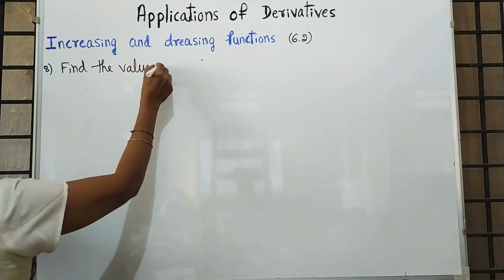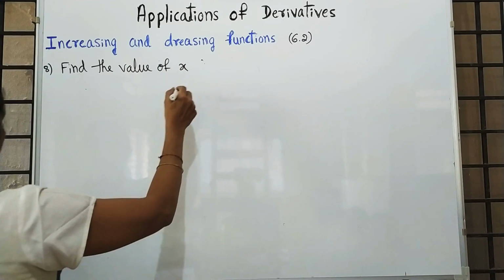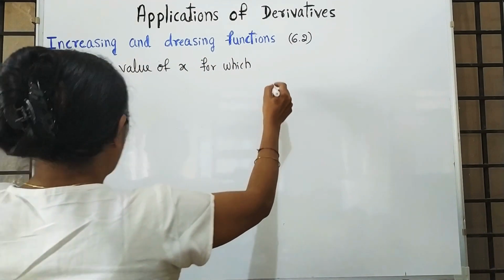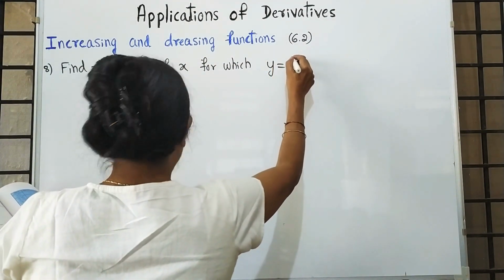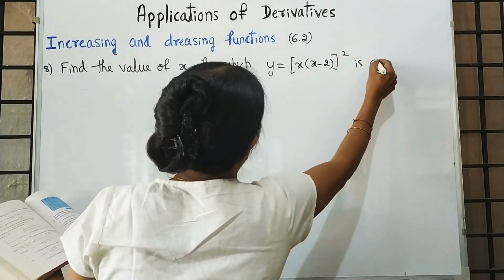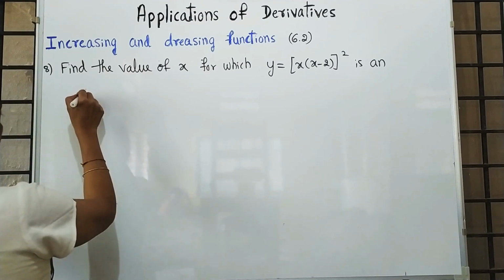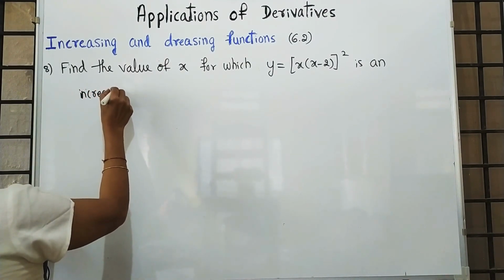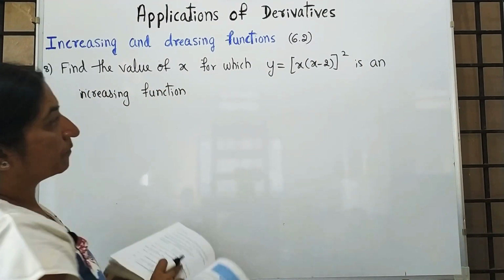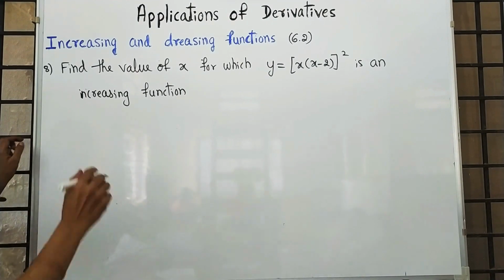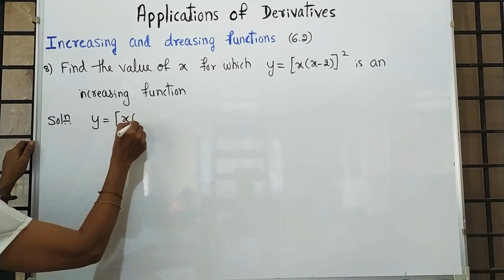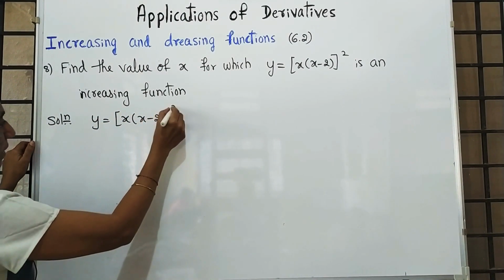Find the value of x for which y is equal to x into x minus 2 whole square is an increasing function. Yes. Again the question is very simple. y is equal to x into x minus 2 whole square is given.